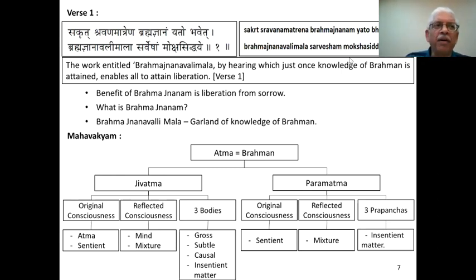The totality of the power is big. So in the reflected consciousness and the three bodies, there is absolutely no equality at all. In fact, they are contradictory. One is small, another is big. One has small power, the other has big power, omniscient, omnipotent, whereas Jiva is with very, very limited powers.